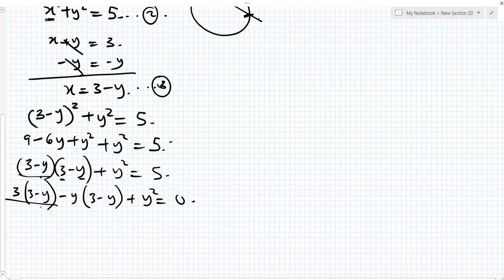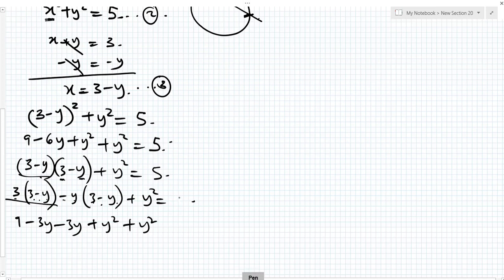Now if you expand this further, you have this times this is 9. 3 times minus y is minus 3y. Minus y times plus 3 is minus 3y. Minus y times minus y is plus y squared. Sorry, this is still 5 here. This is equal to 5.